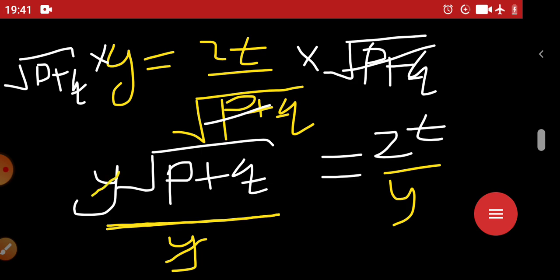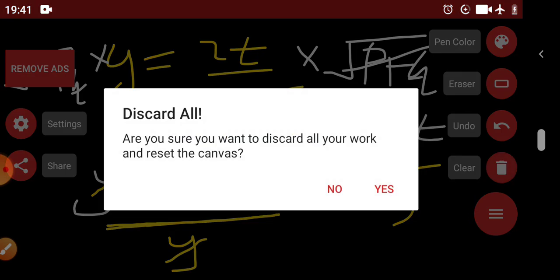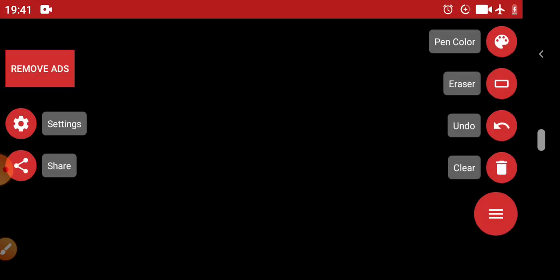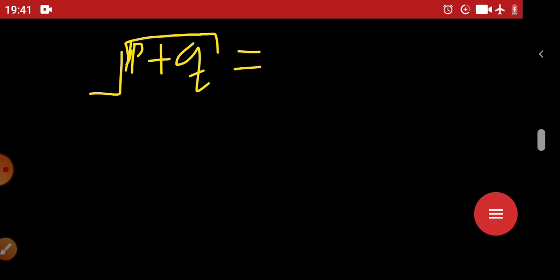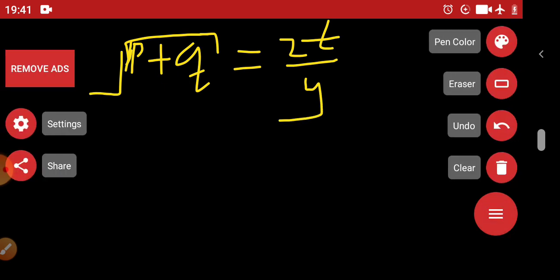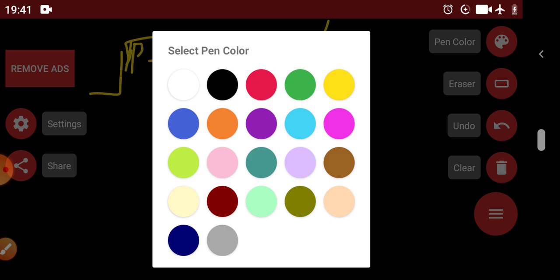I will then take the opposite of taking a square root, which is squaring. So I will square both sides to remove the square root. Let's go over that. If I divide by G on both sides, the left hand side will be the square root of p plus q, equal to 2 times t all over G. To remove the square root, I need to square, remember.